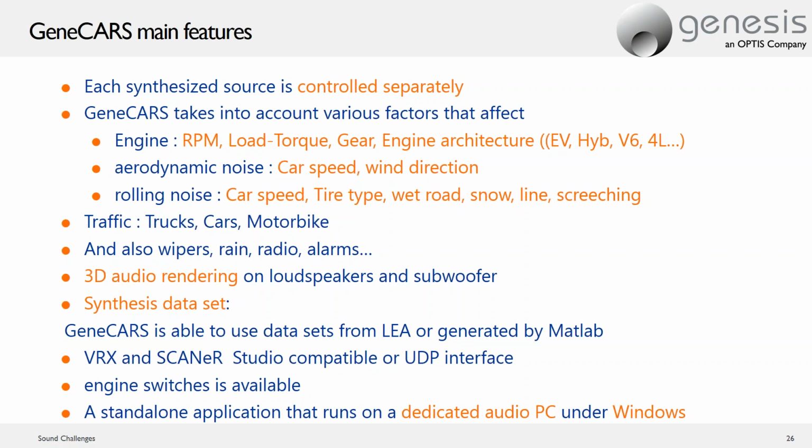It can also be used to simulate the sound of wipers during a rainy day, and also a car radio. Genicars is able to use data sets from either LIA or MATLAB.